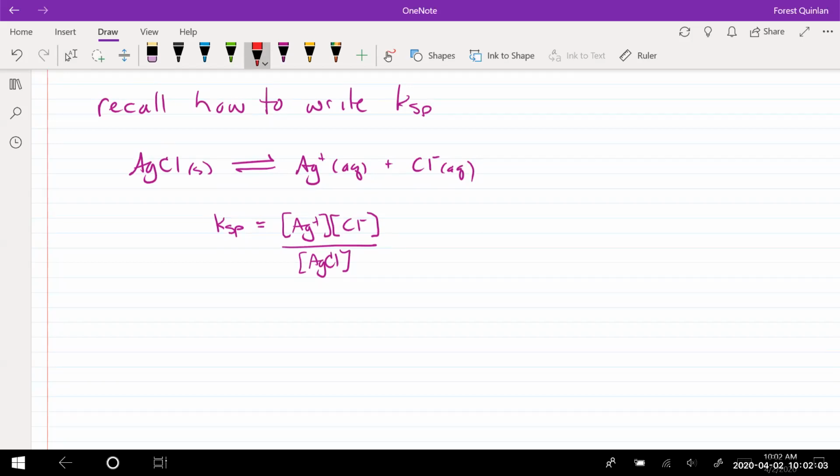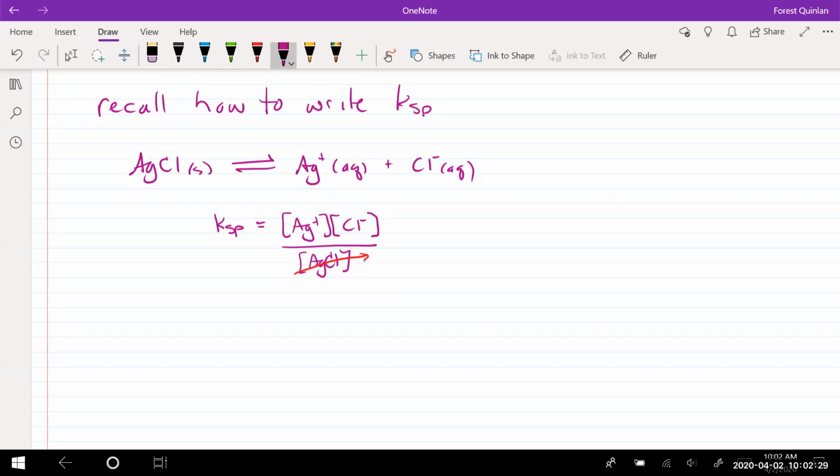I'm not sure. How do you get the concentration of a solid? That's correct. Remember the old school, right? The solid goes away. We don't use the solid in there because what's the concentration of a solid in a solid? Doesn't make sense.